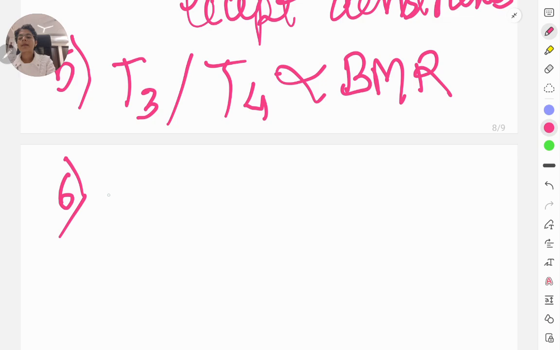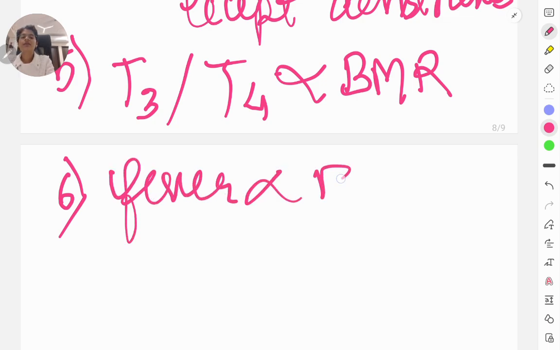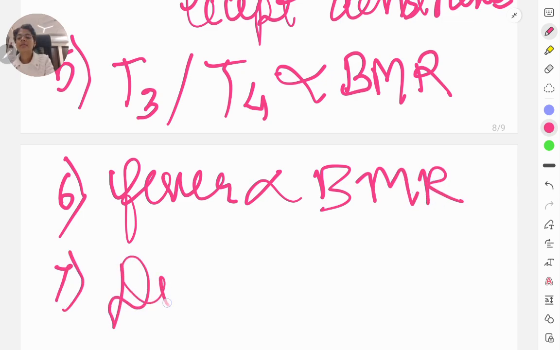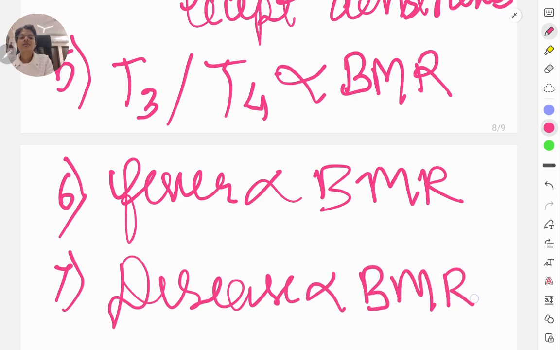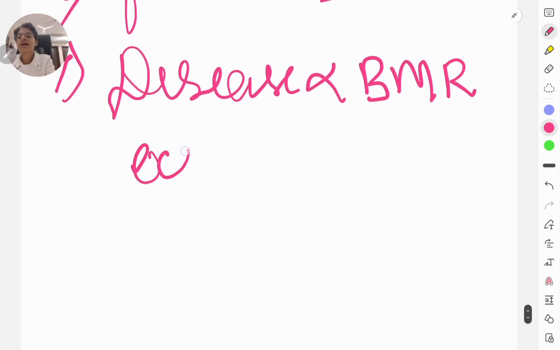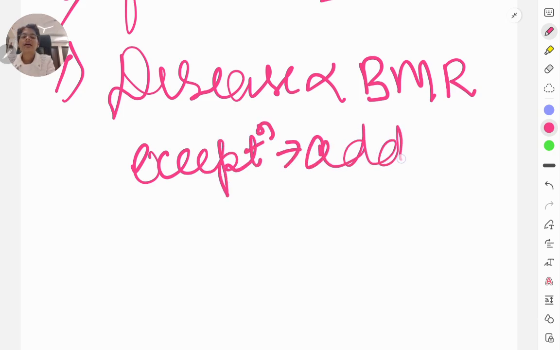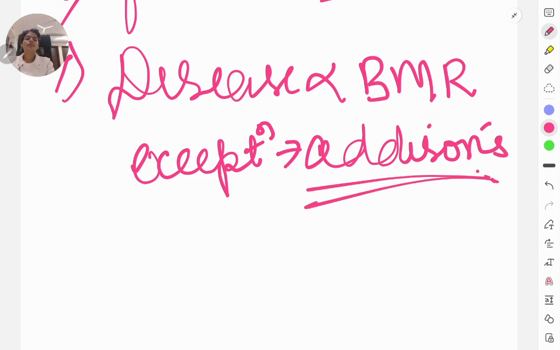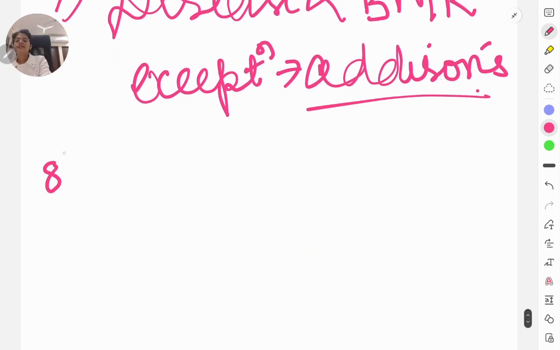Now in fever BMR would increase, and in diseased state BMR would increase, except, again the exception is that it won't increase in Addison's disease. Addison's disease is due to a problem in the adrenal gland. Clear?